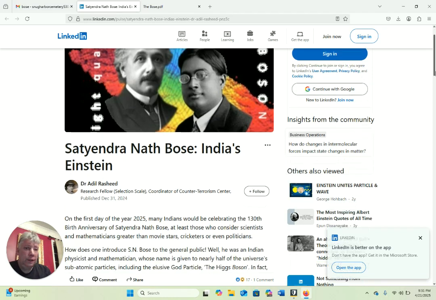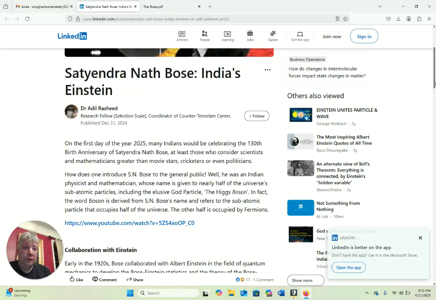There's a little article here on him celebrating his birthday in 2025. It says that on the first day of the year 2025 it's his 130th birthday, so that would be January 1st. This article was written on December 31st, 2024, and it gives a little description of him.